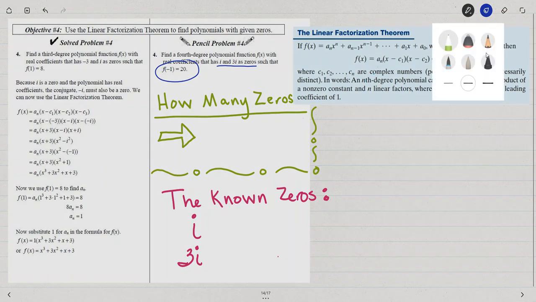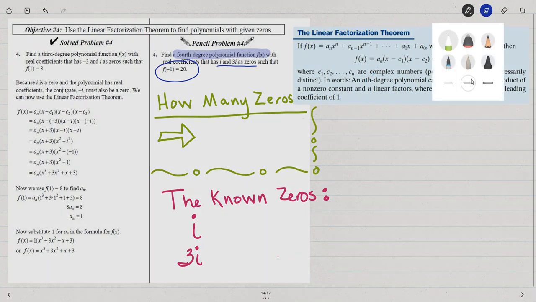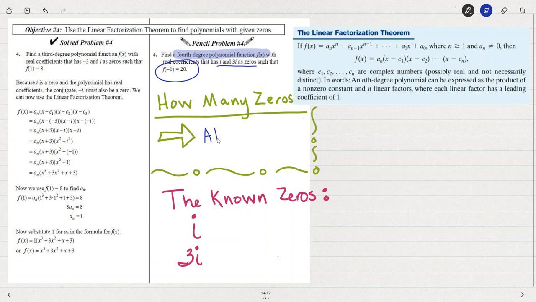To start with, we want to notice that this is given as a 4th degree polynomial. What that means is that there are at most four factors or 4 zeros, both zeros and factors.